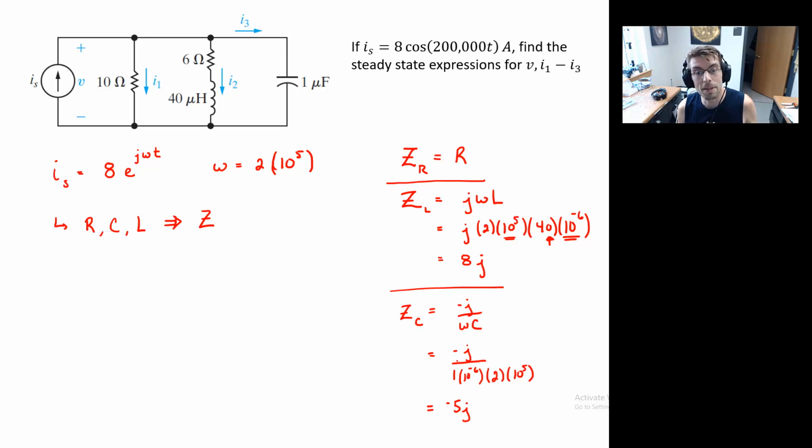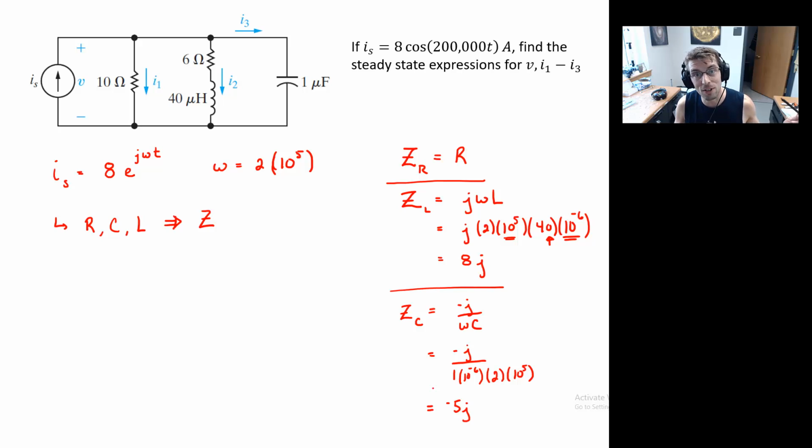And we see that because the impedance of the inductor and the capacitor involve j's, they have the imaginary number in there, we would say that they are pi over 2 out of phase with the current.